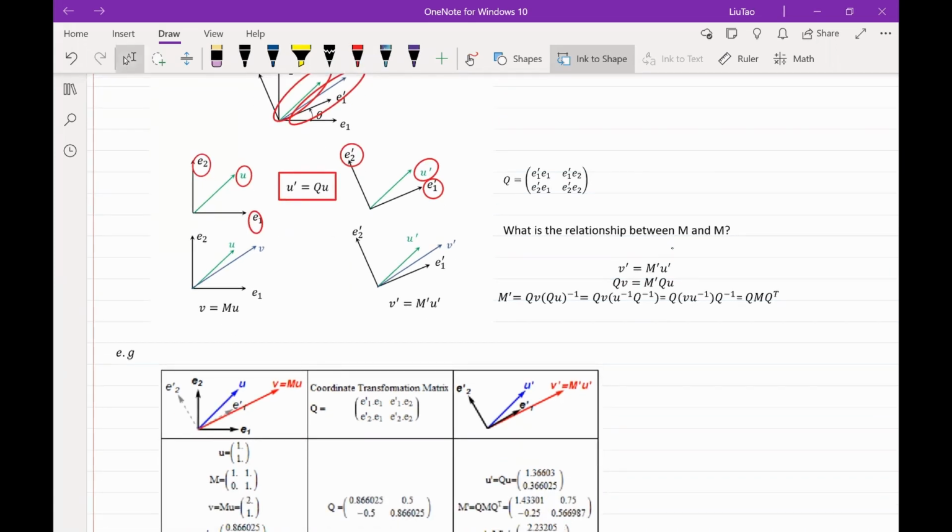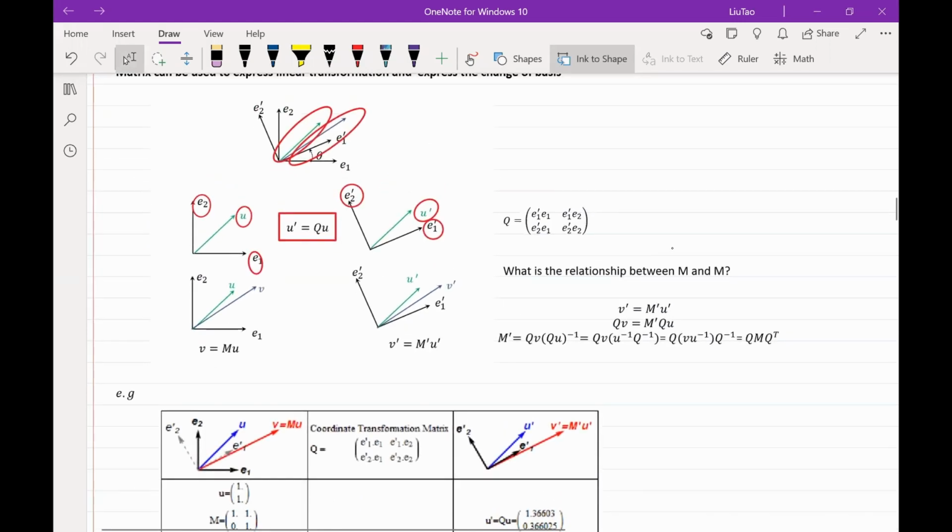And now we add another vector V, the blue vector. The blue vector is denoted as V in the first basis set, and V prime in the second basis set. Then can we find a linear map from U to V? The answer is yes.